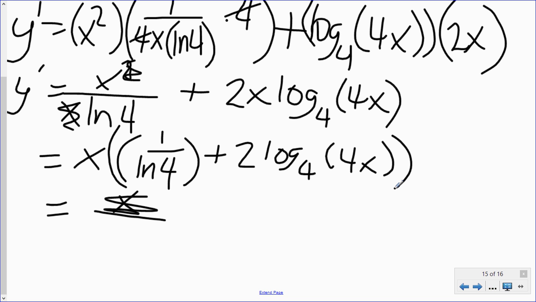Yeah, I think I'm just going to stop there. We factored out an x, and that left us with 1 over natural log of 4. What I was thinking is we could maybe use our negative exponents. So if we flipped that 1 over natural log of 4, it would become natural log of 4 to the negative 1. I don't know if that's a whole lot simpler, but we've probably done enough, so we'll just stop there.